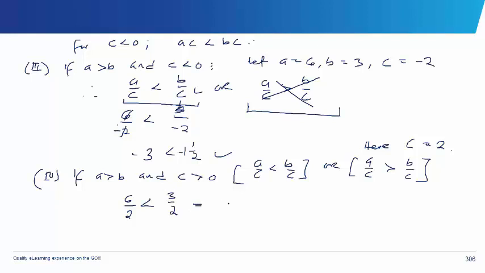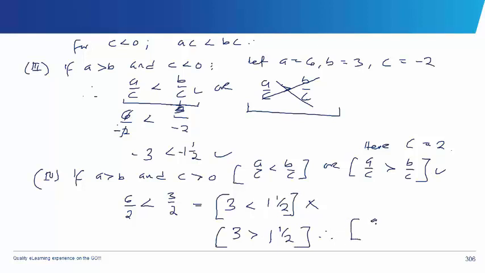This is as good as saying that we have 3 less than or equal to 1 whole number 1 over 2. Is that possible? That does not work. So the sign will have to reverse, and 3 will be greater than 1 whole number 1 over 2, and so the one that applies is this. Therefore, we can say that if we divide by a positive real number, A over C will be greater than B over C.